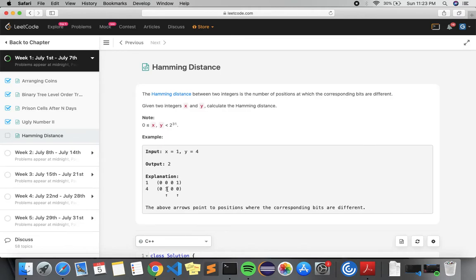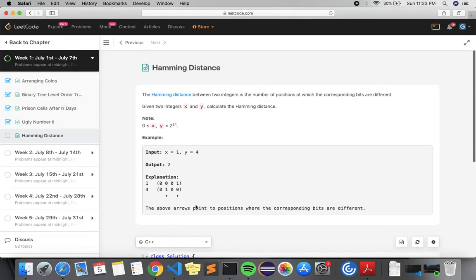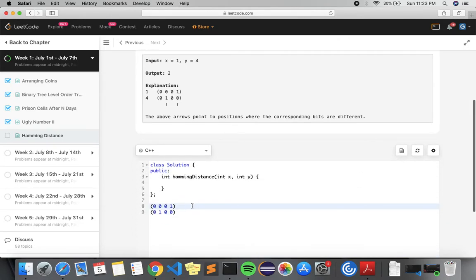There are only two bits that are different, that is the last bit and the third last bit. So how can we do that? Let's see with the help of this example only, 1 and 4. In this example, we can see the last bit with the help of the AND operator, because with the AND operator we can see the value of the last bit.